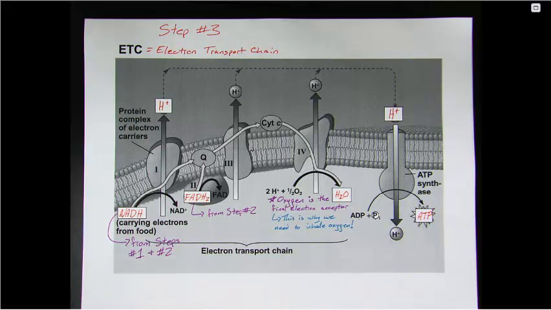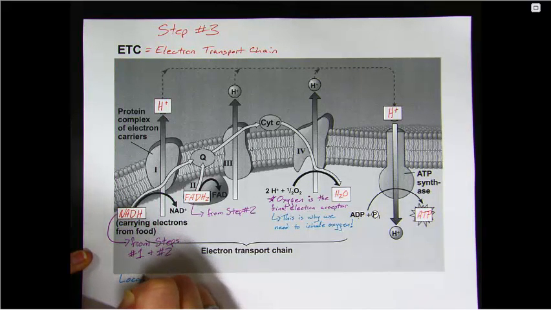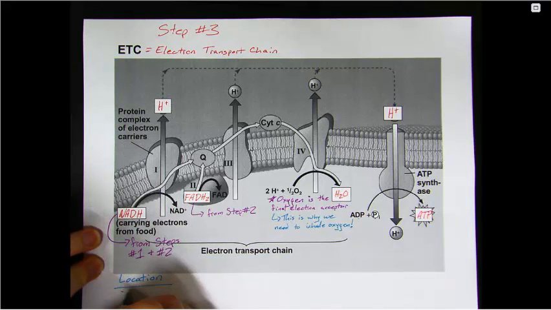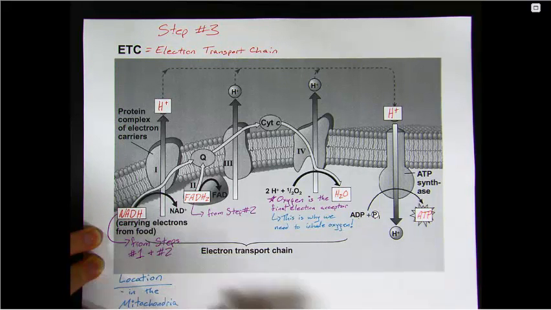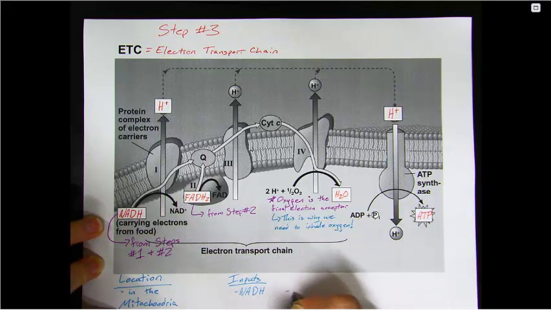So again, let's summarize the location, inputs and outputs. The location is in the mitochondria. The inputs include the NADH, the FADH2, and oxygen.